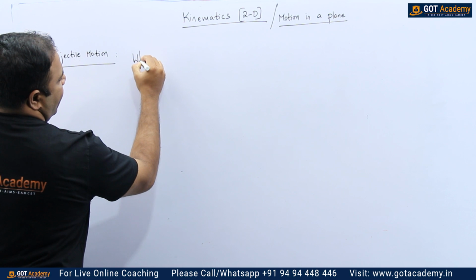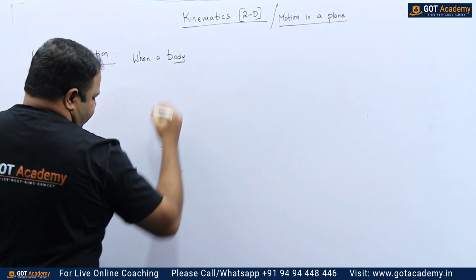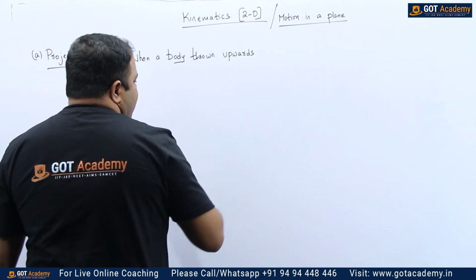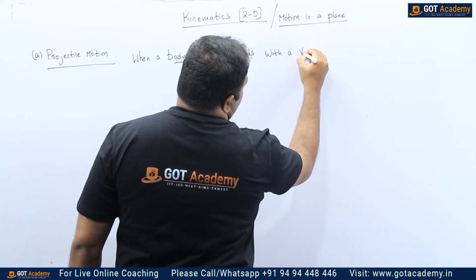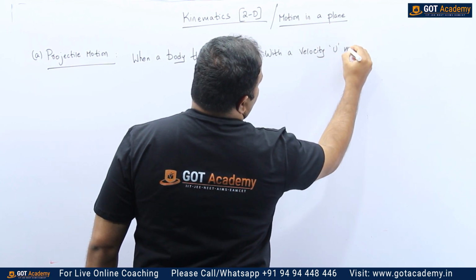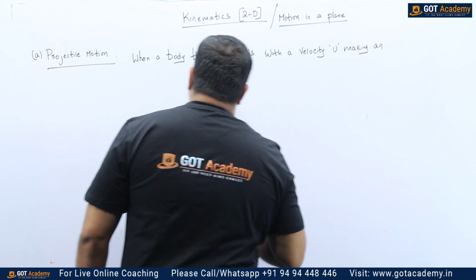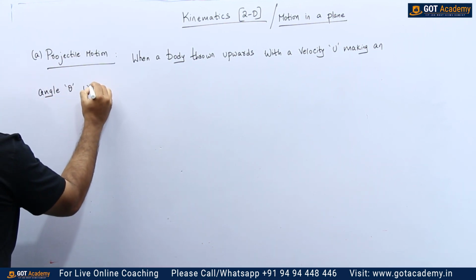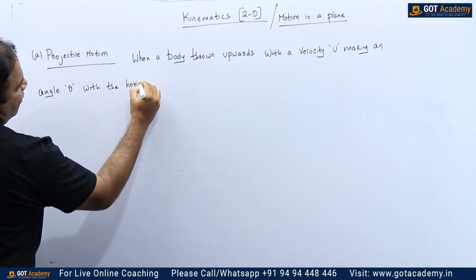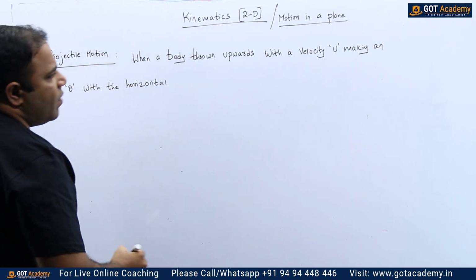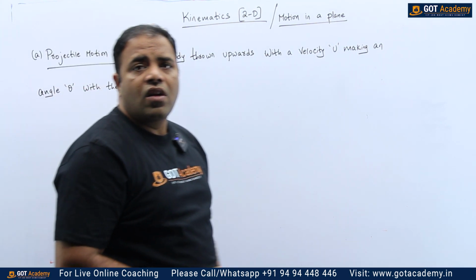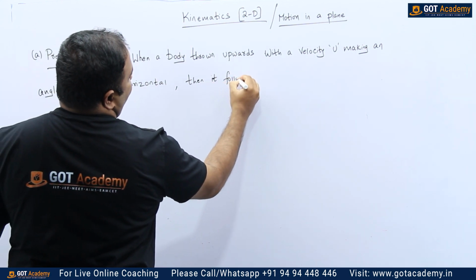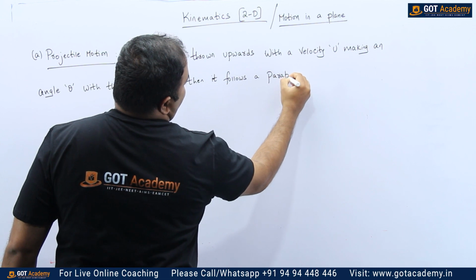Projectile motion. When a body is thrown upwards with a velocity u, making an angle theta with the horizontal, then it follows a parabolic path.